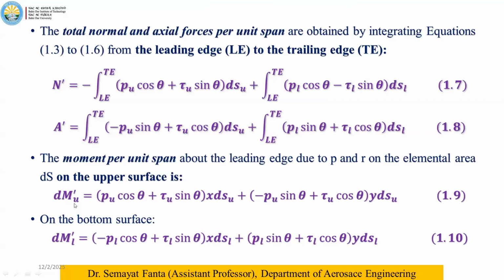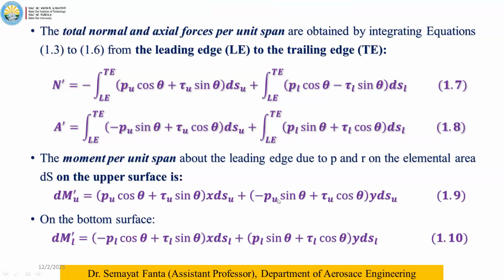So our moment on the upper surface is the force in the upper surface times the x distance, plus the other force component times y. I mean, this equation times x ds plus this equation times y ds_U. Again, on the bottom surface, we have a similar thing, with this equation times x and this equation times y.